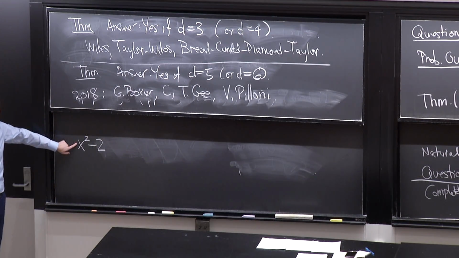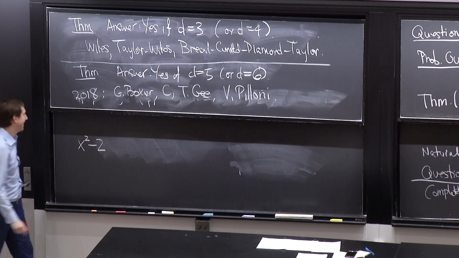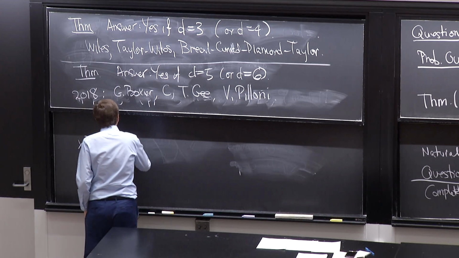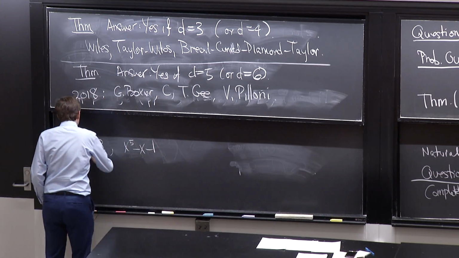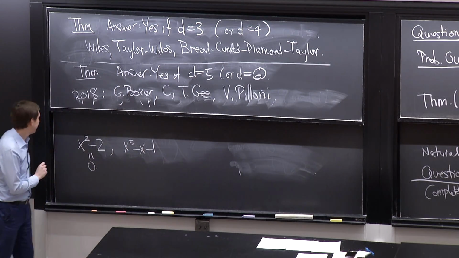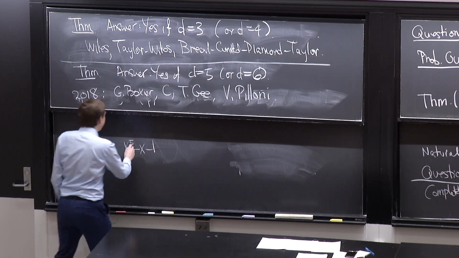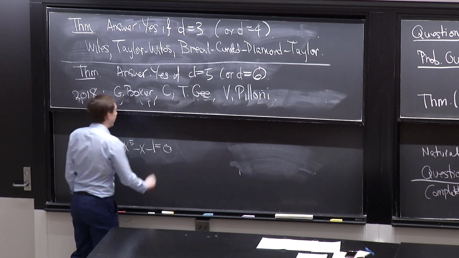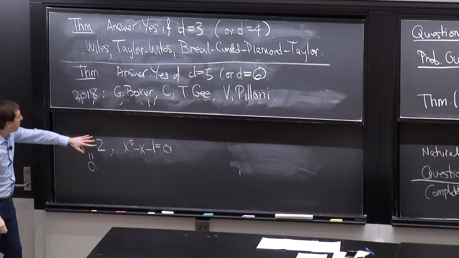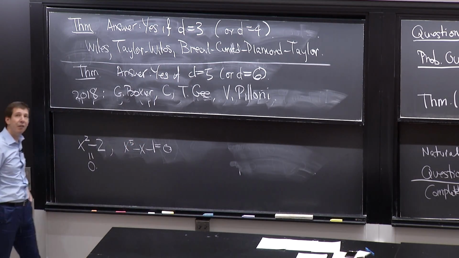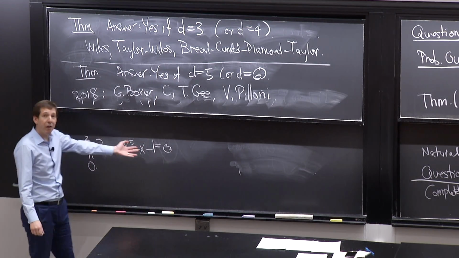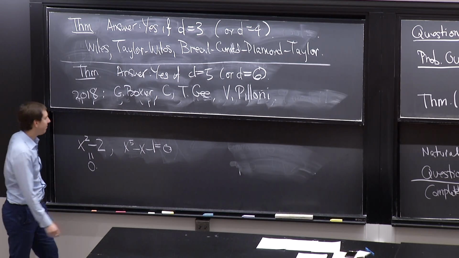This was studied by the Greeks, who determined that it didn't have any rational solutions. Another equation is x to the 5 minus x minus 1 equals 0. This was studied by Galois, who proved that equations of this form, and in fact of a general form, can't be solved in terms of radicals.